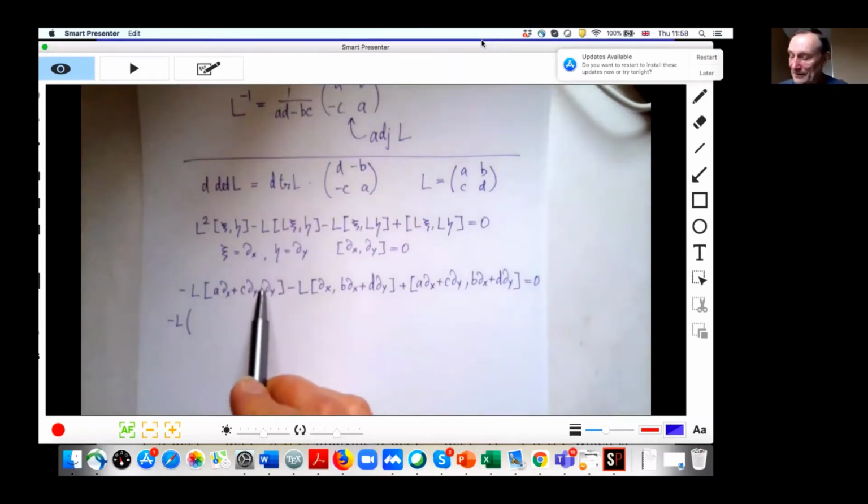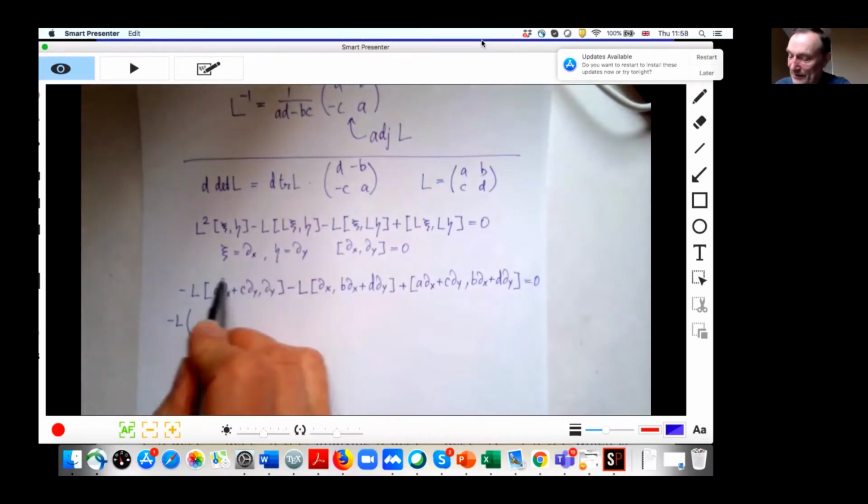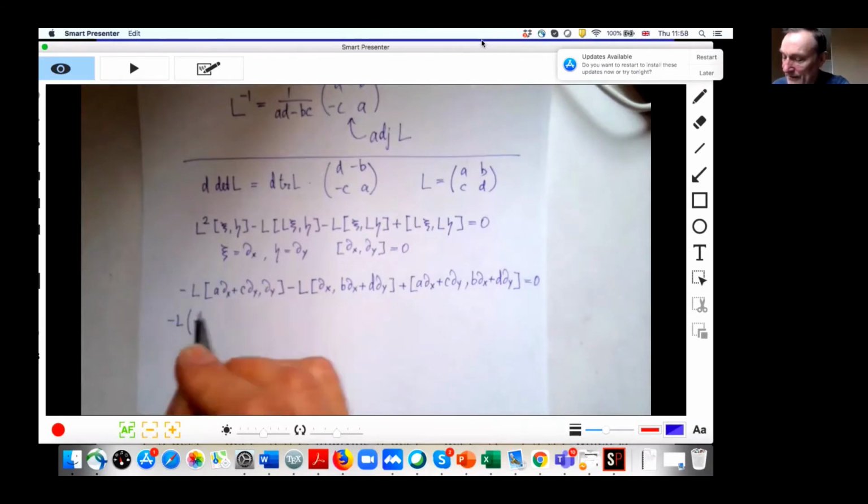So other way around, I apply dy to the first component and with minus. So if I apply it, I will get minus a y dx. I differentiate the components with respect to y, minus c dy.